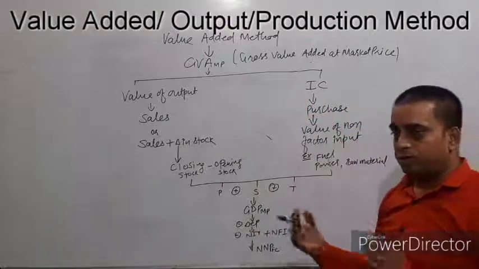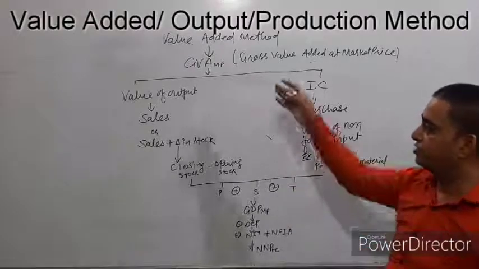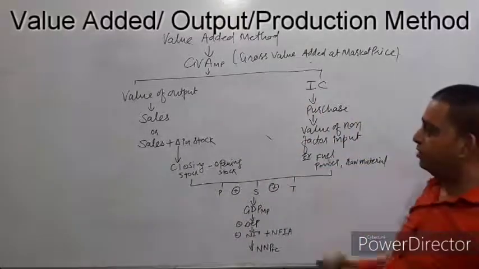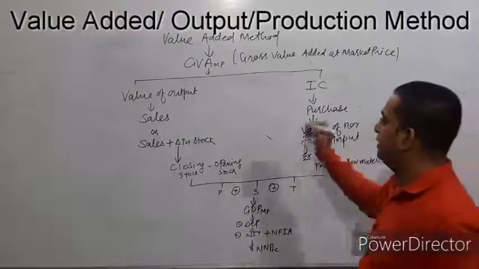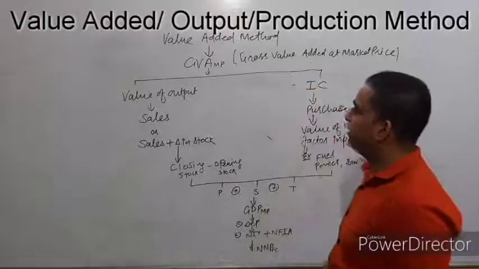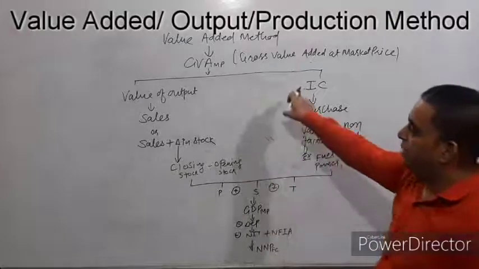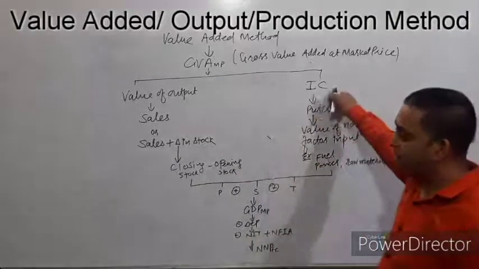So here is given. First we have to calculate this GVAMP. In GVAMP, what type of thing do we have to include? It means value of output minus intermediate consumption, or we can divide it into two parts, value of output and intermediate cost.